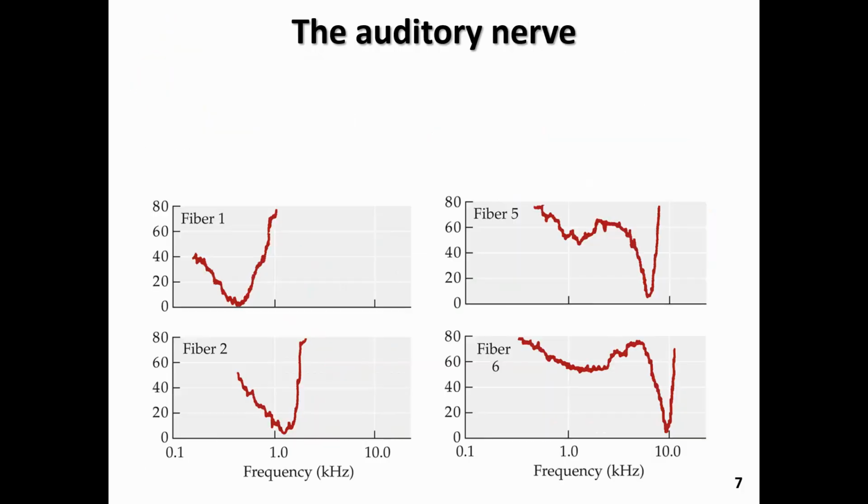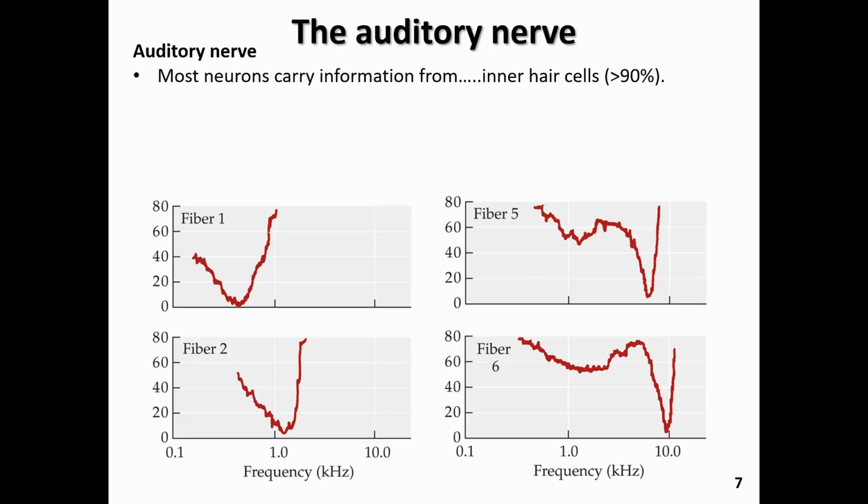To understand that, we go to a little bit more detail on the auditory nerve. We know the auditory nerve is the nerve that conducts the bioelectrical impulses towards the brain, where we eventually hear the sounds. Once again, hearing is the perception of these pressure waves.